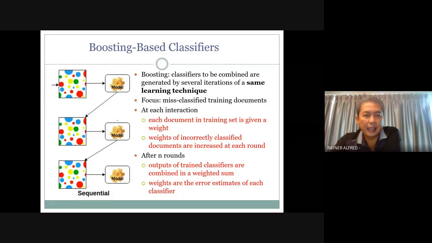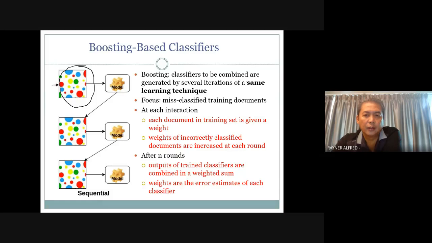Okay, this is an illustration of the boosting based classifier, in which you have the data here. The data will be fed into this model, and of course some of the samples will be classified as true positive or false positive, meaning some of them are predicted to be the right class and some of them are predicted to be the wrong class.